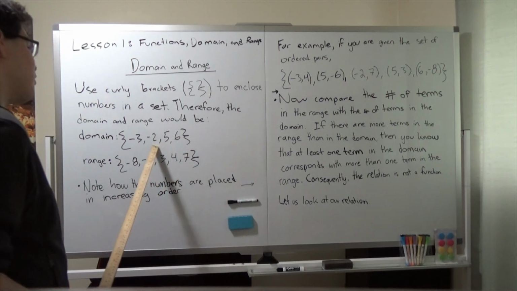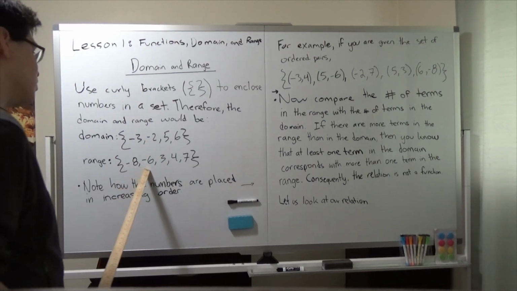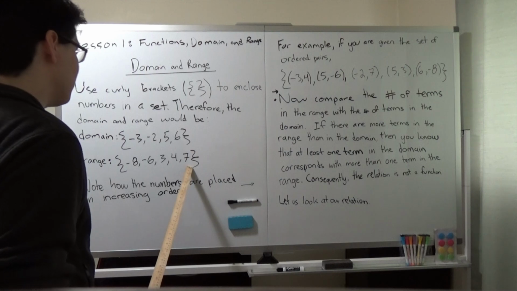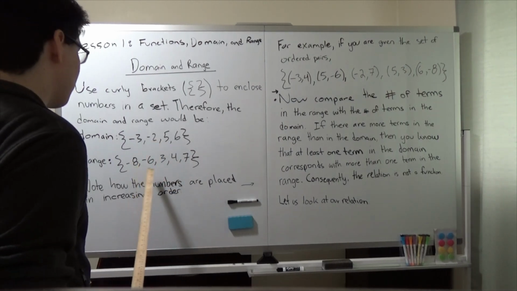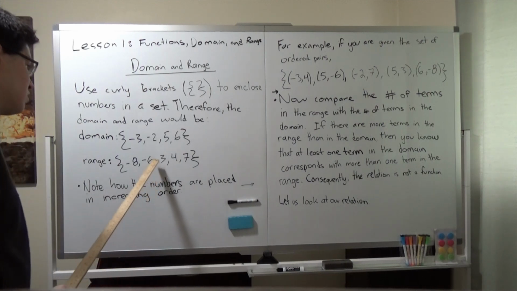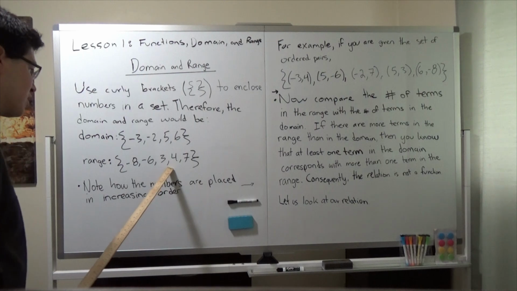So there are 4 numbers in the domain and 5 numbers in the range.